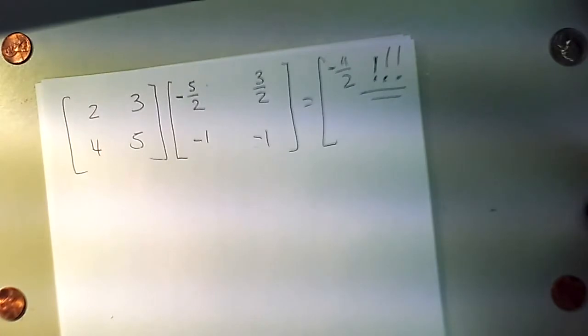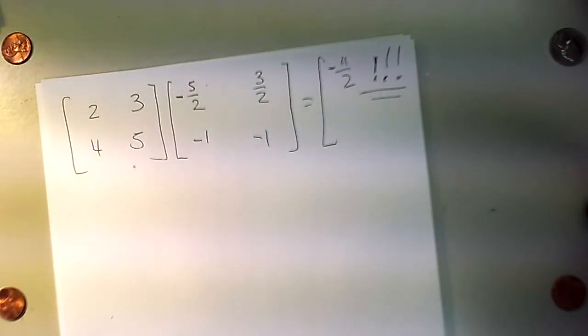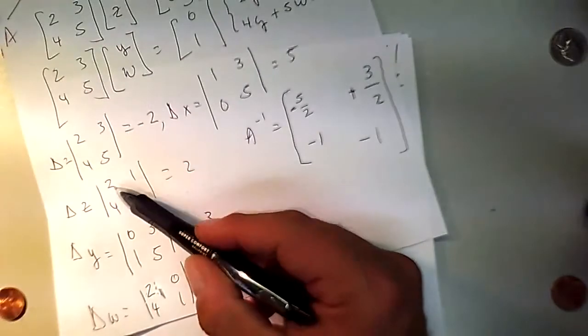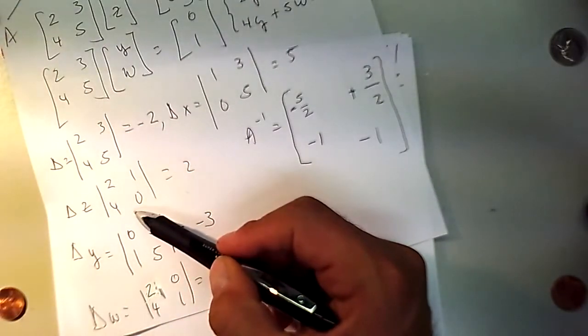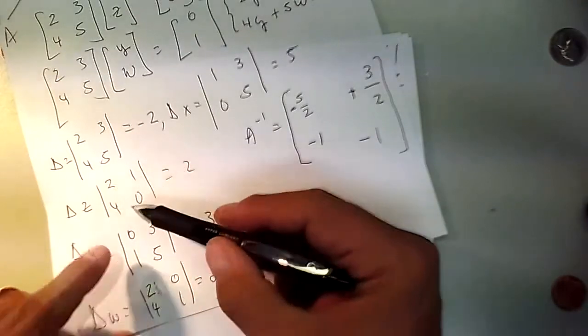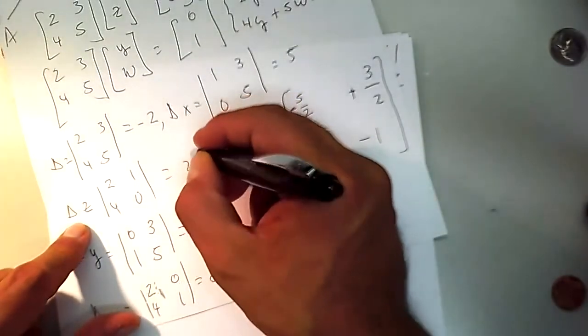Let me check. Yep, I see where the mistake is, right back here. 0 minus 4 in the delta z is the mistake.